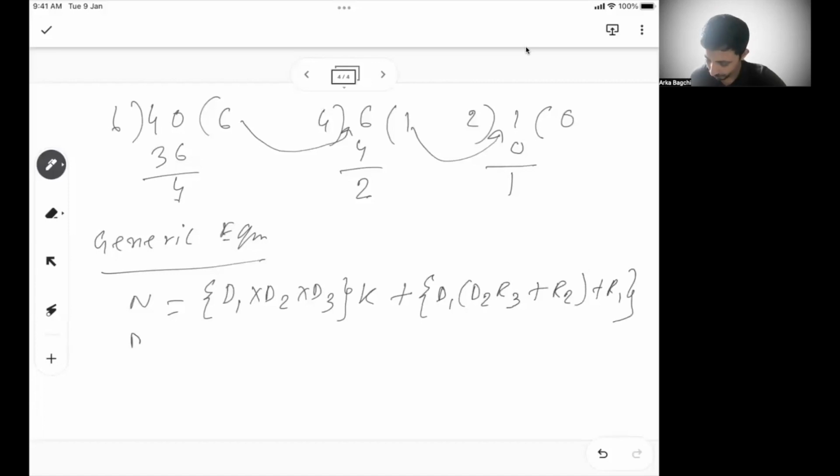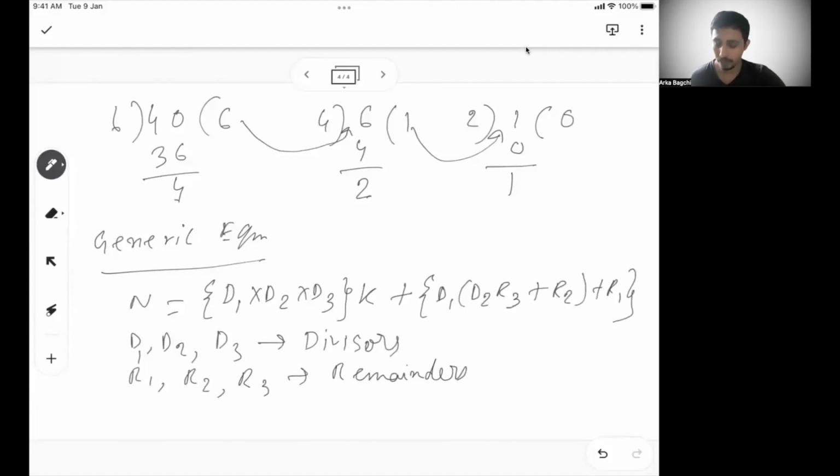So here your d1, d2, d3 are your successive divisors. r1, r2, r3 are your remainders. So in the previous example, my d1, d2, d3 are 6, 4, and 2, so 6 into 4 into 2 is 48k, plus 6 into r3, which is 1, plus d1 into r2, where r2 is 2, plus r1.